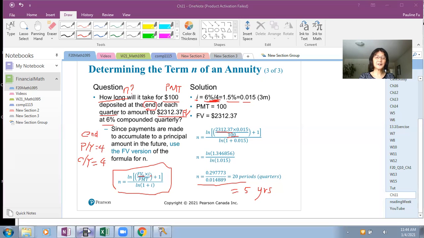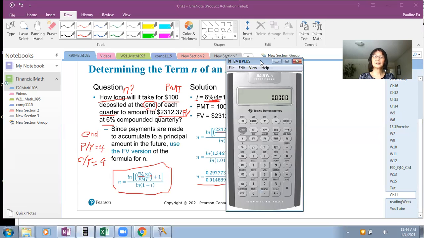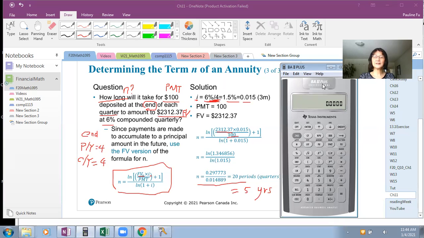Now, calculator method. For the calculator method, you need to make sure your calculator is in end mode. On the top right corner of your screen, you have nothing. That means end mode. After that, you always start with second quit to clear any previous entries.